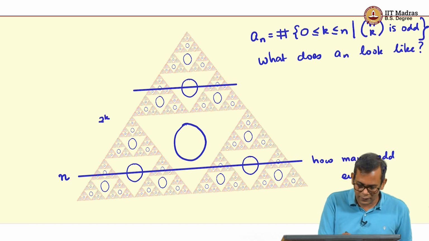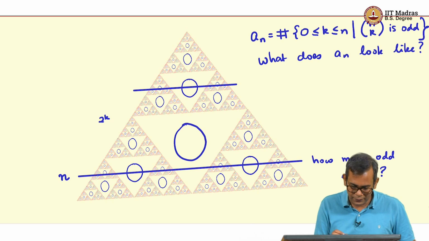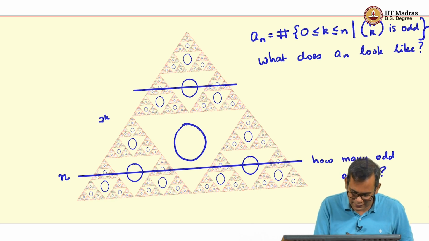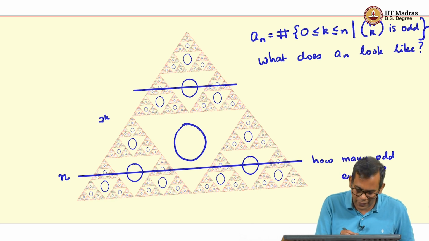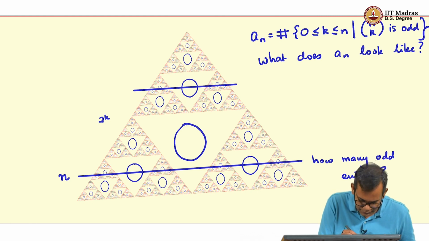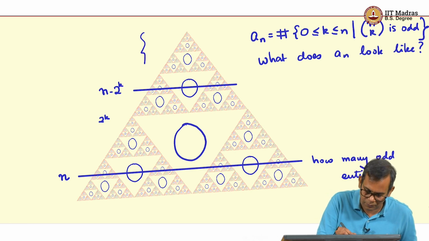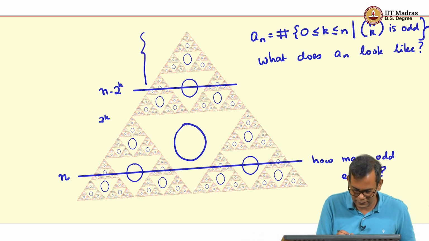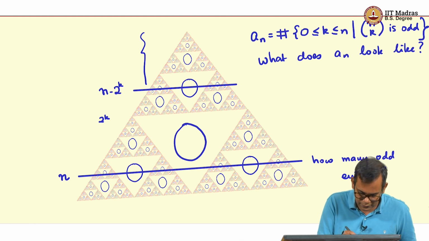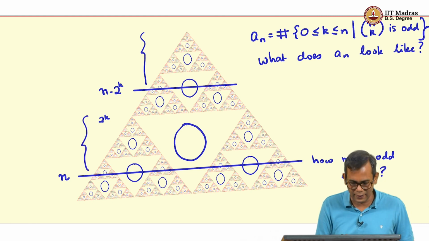So, you look for the largest power of 2 such that 2^k is less than n, and you subtract it from n. This row number is n minus 2^k, because the distance from here to here is the same as the distance between 2^k and n.